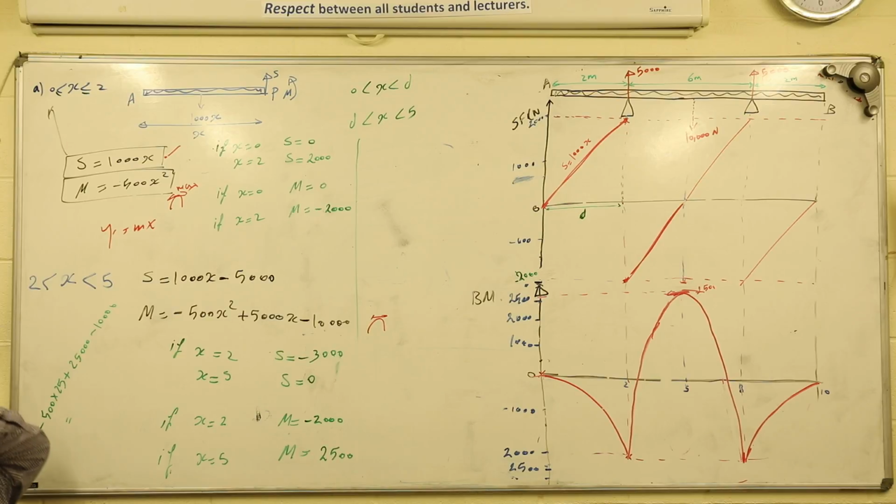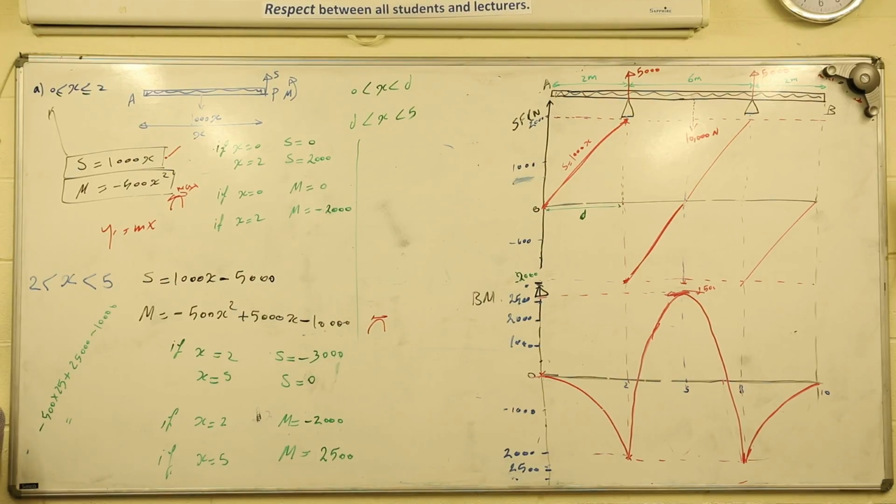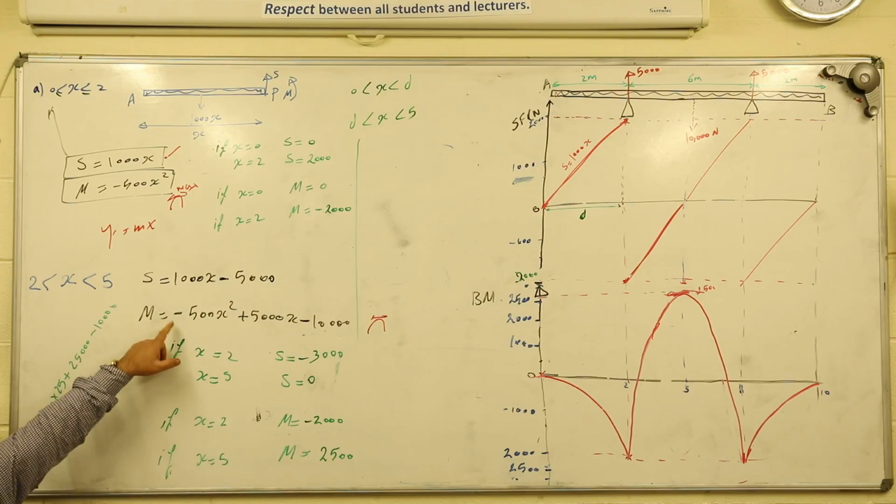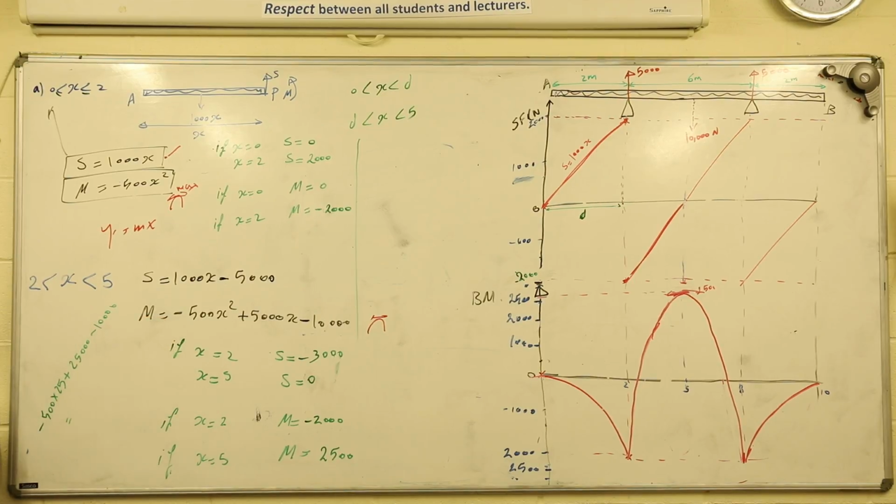Okay, the maximum and minimum bending moment we are looking at, isn't it? Where does the maximum bending moment occur? Halfway, at 5. I agree with you. So in here, we need to do something about these equations and look at the x minus 5,000 minus x minus d.